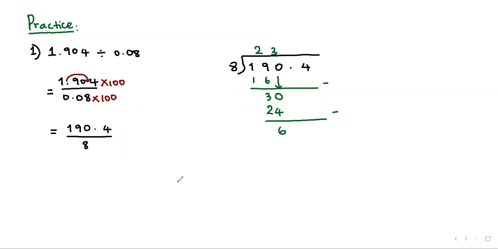Now, we cannot get 6 divided by 8 because 6 is smaller than 8. We have got to bring down this 4, but before we cross this decimal point to get to 4, we need to first write a decimal point there. Is it okay? Okay, now we can bring 4 down to have 64. What is 64 divided by 8?